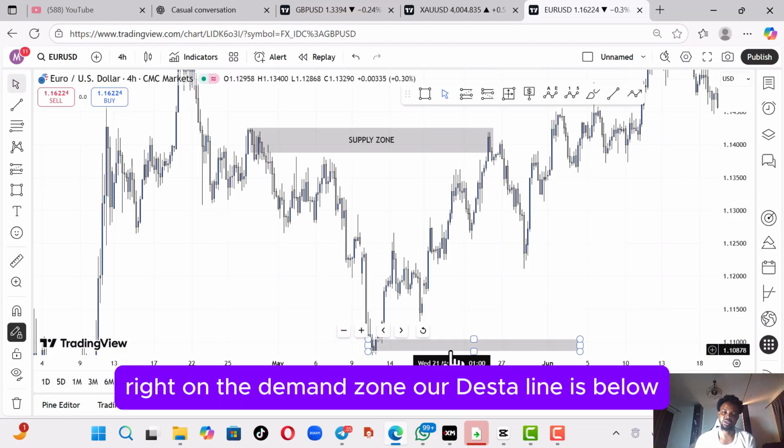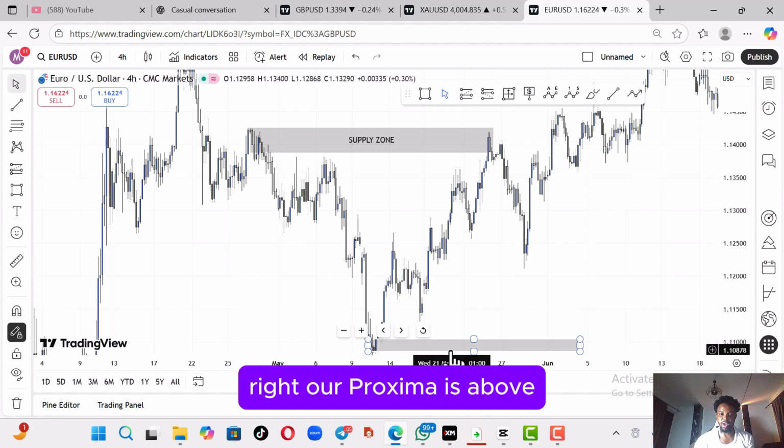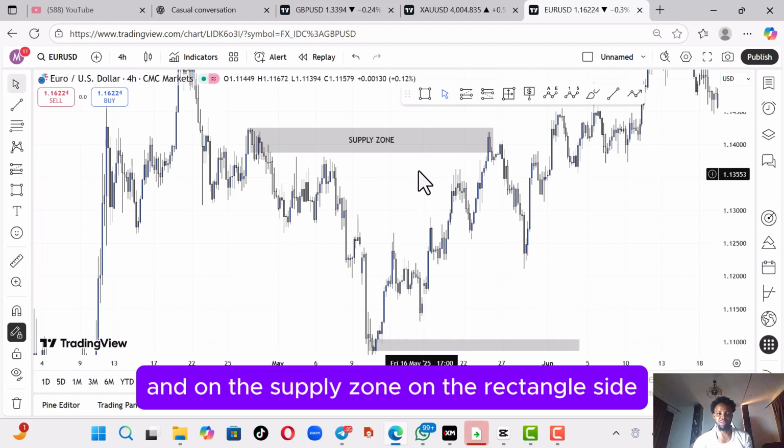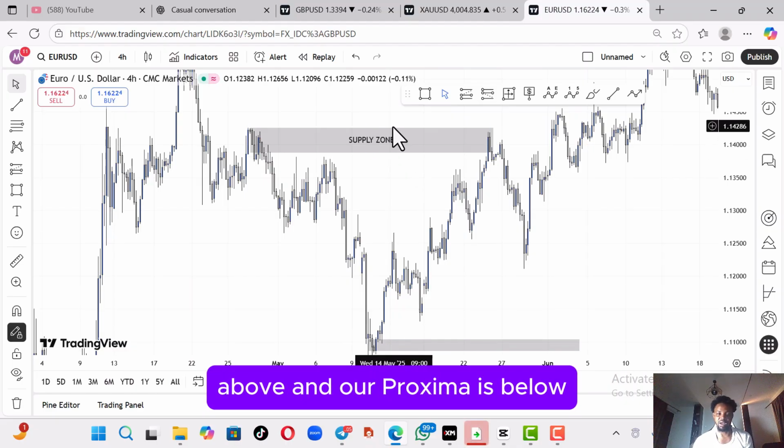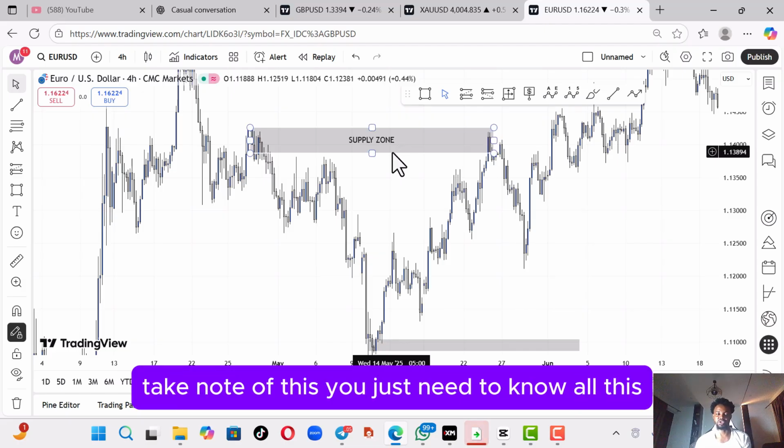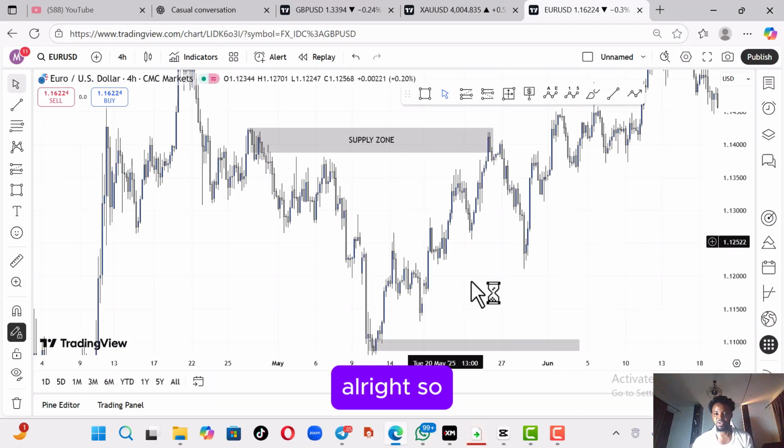On the demand zone, our distal line is below, while our proximal is above. And on the supply zone, our distal line is above and our proximal is below. Take note of this.